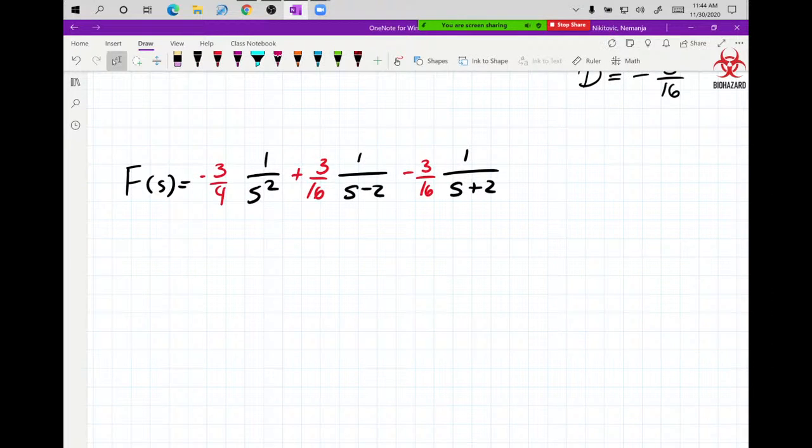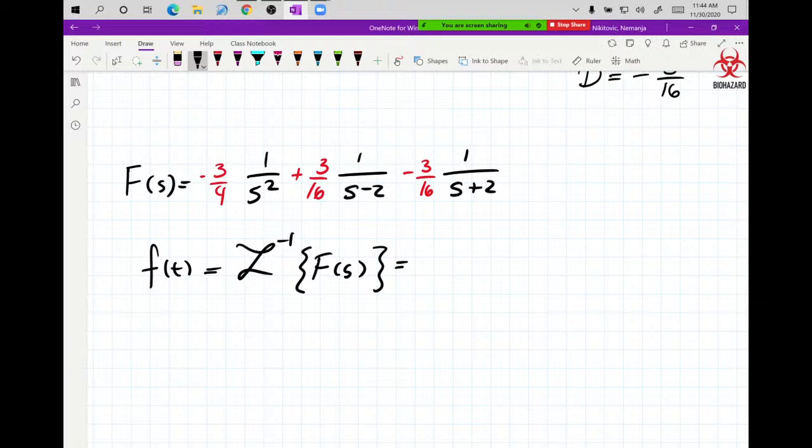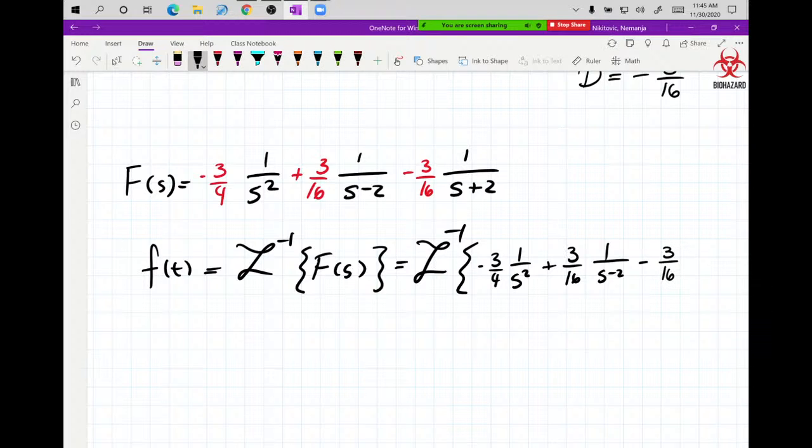And to find your f of t, you need to do the inverse Laplace of F of s, which means the inverse Laplace of this mess: negative 3/4 times 1/s squared, plus 3/16 times 1/(s minus 2), minus 3/16 times 1/(s plus 2).